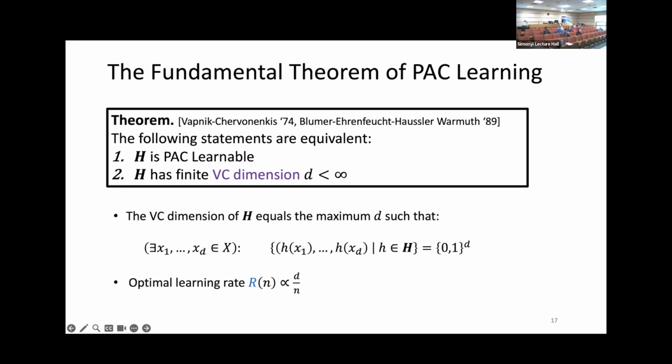For every h, and every x, we put a 0 if h of x is 0 or 1. So it's a matrix, maybe an infinite matrix, and the VC dimension is D.